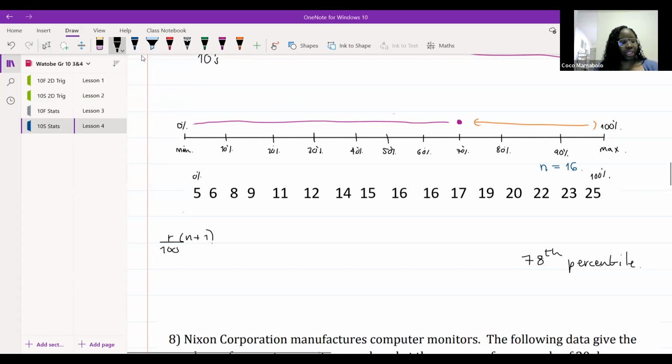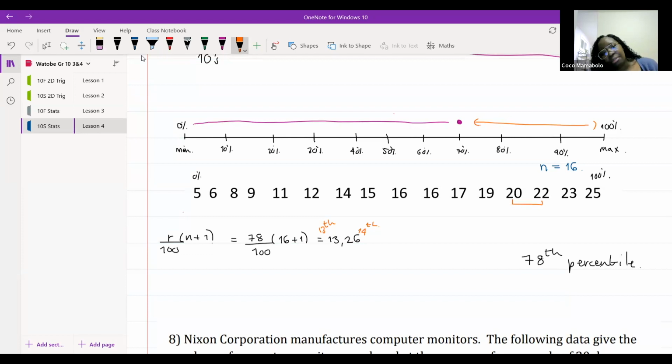Right, let's do this one together, peeps. So to find the position, I'm going to go 78 over 100 multiplied by 16 plus 1, which is equal to 13,26. What this tells me is I must go look for the number in between the 13th position and the 14th position. Now, 13th and 14th will be between 20 and 22.